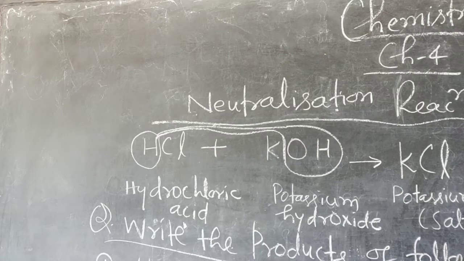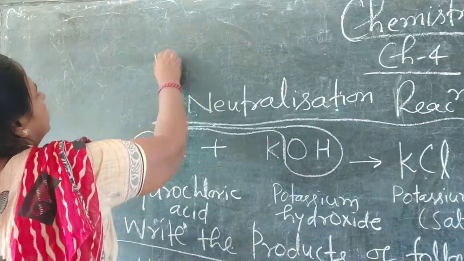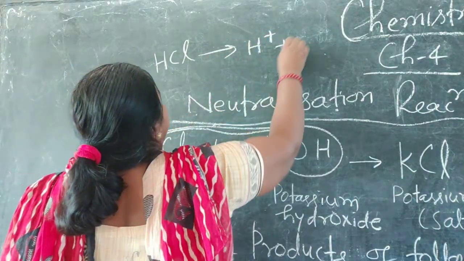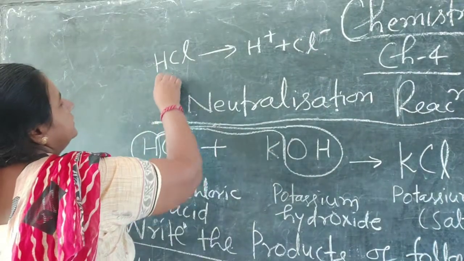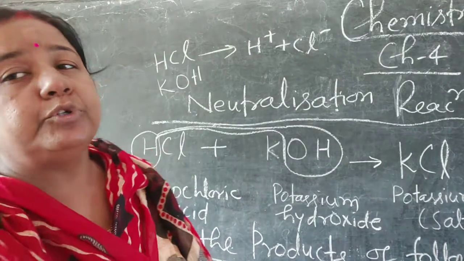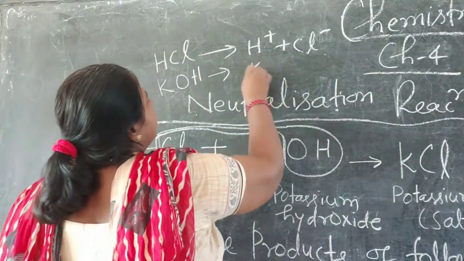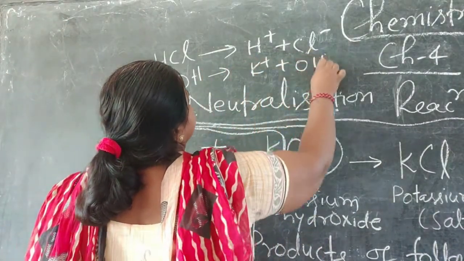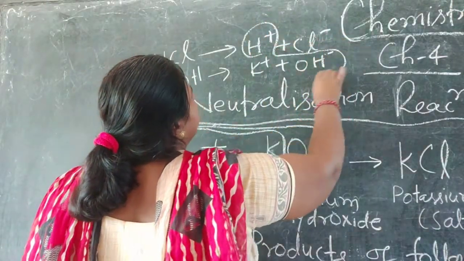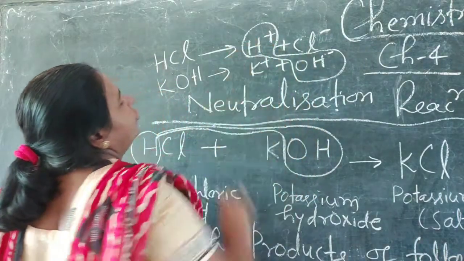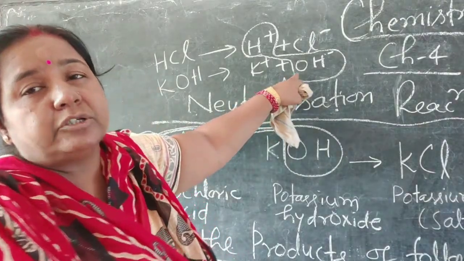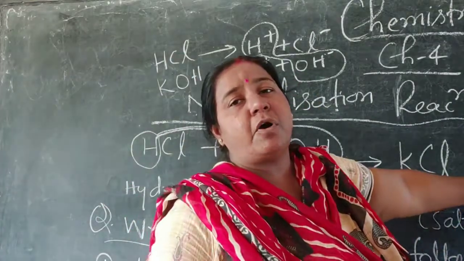During reaction, HCl is decomposed into H plus and Cl minus, and KOH, potassium hydroxide, is decomposed into K plus and OH minus. Now this hydrogen ion of acid neutralizes the hydroxide ion of base to form water. And so here water is formed.